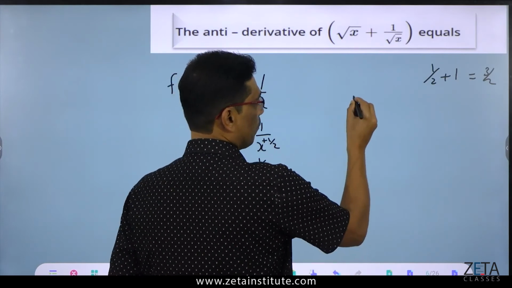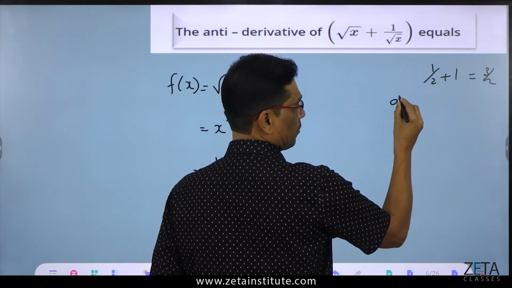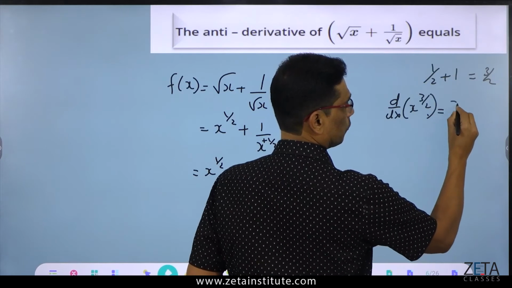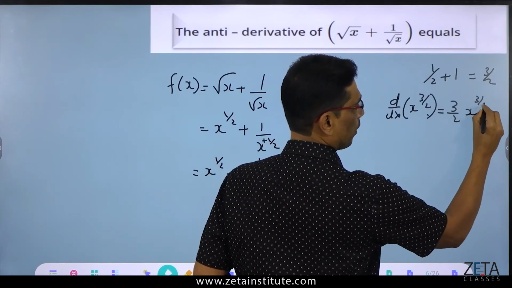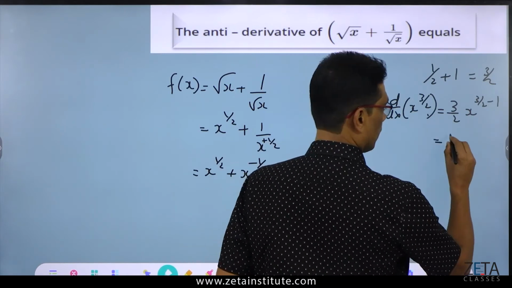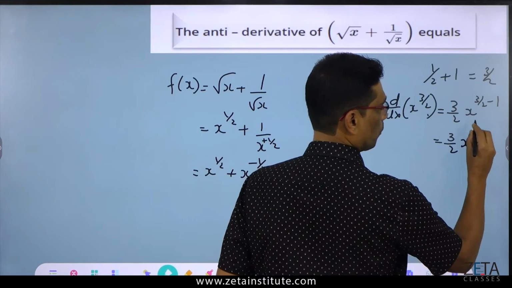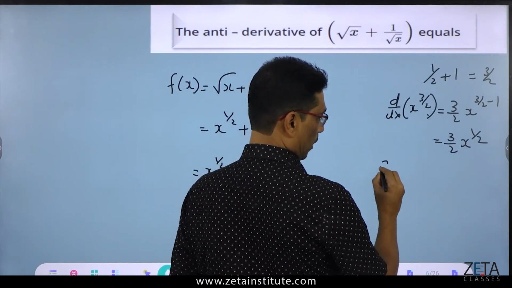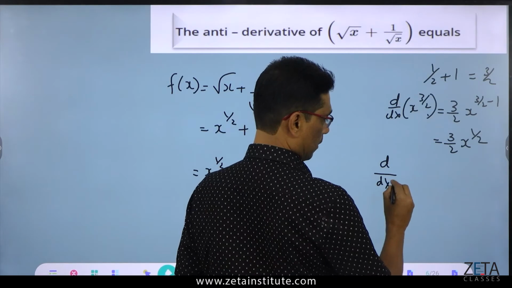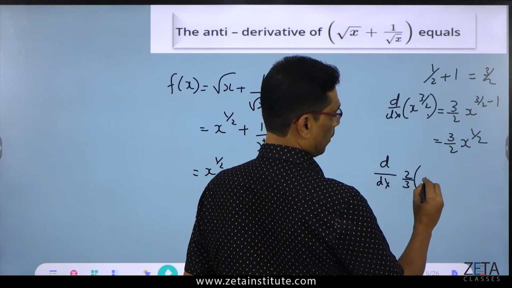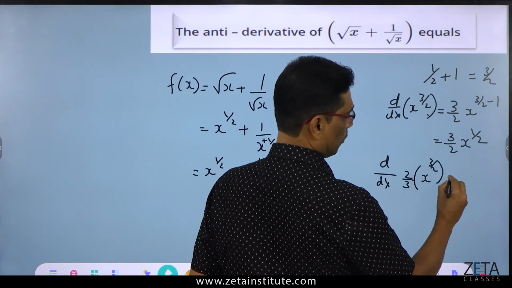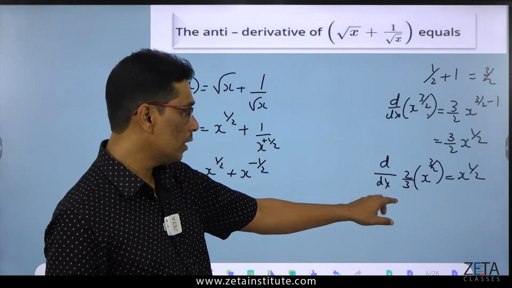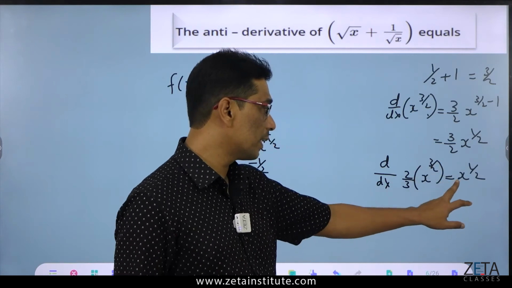So if I differentiate x raised to 3 by 2, we get 3 by 2 into x raised to 3 by 2 minus 1, which is x raised to half. If I take the 3 by 2 to the other side, it is 2 by 3. So differentiation of 2 by 3 into x raised to 3 by 2 gives x raised to half.